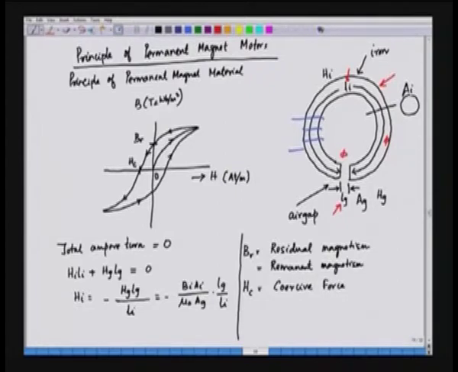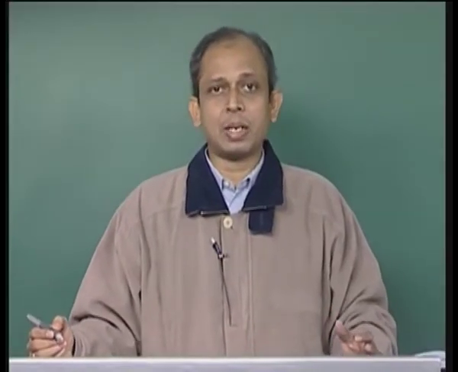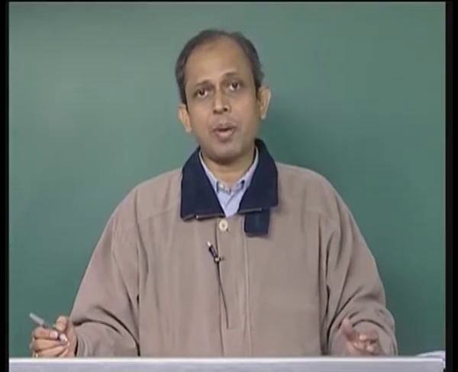Now, since we do not have an external current, although we have a coil here, in this case I is equal to 0. So, there is no external MMF. So, we can say that the MMF dropped in the magnetic material is equal to 0. What is MMF?